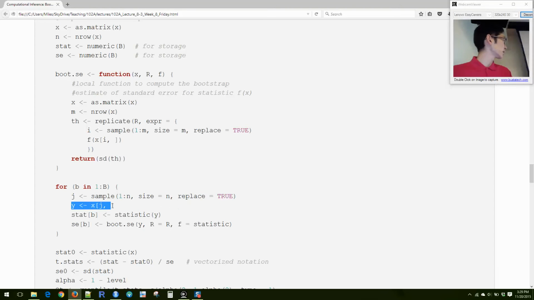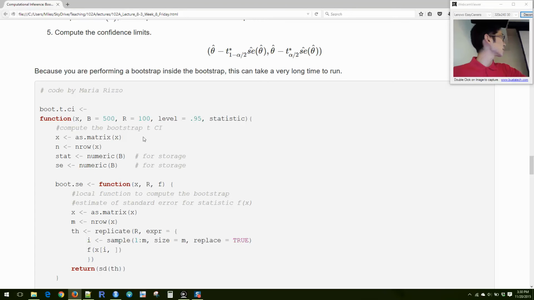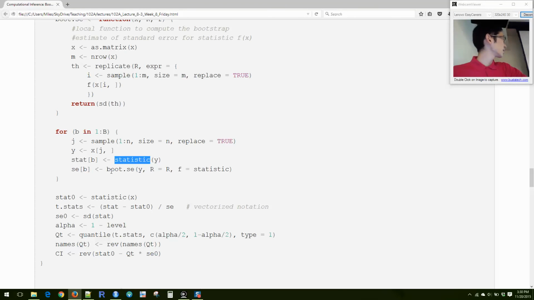You subset your data X, and we're going to call that Y. The bootstrap estimate based on that bootstrapped random sample is that we apply the statistic function, whatever function calculates the statistic that we want, and then we estimate the standard error by running the bootstrap standard error function inside of this. You can see we feed the bootstrap standard error the sampled data Y, not the original data, which makes sense.